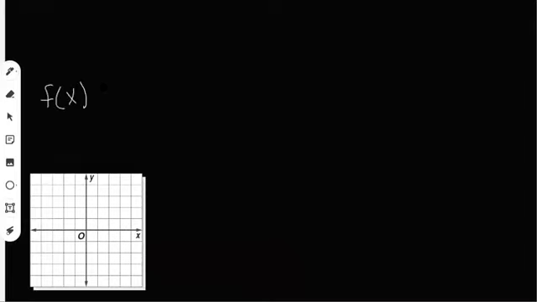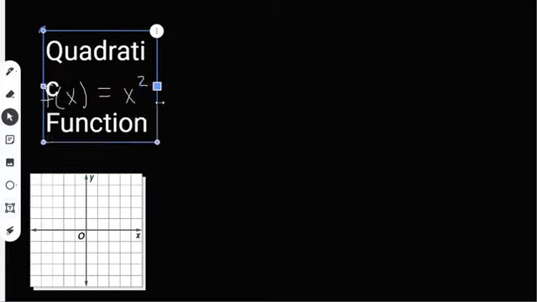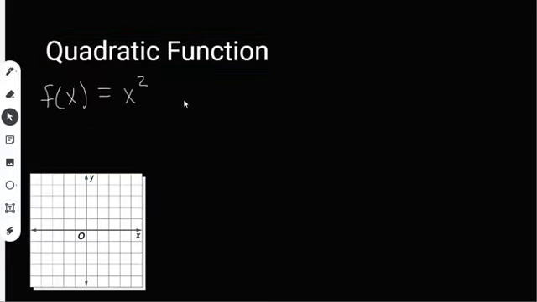F of x equals x squared. This is the third parent function that I want to talk about. Now, this is going to be called the quadratic function. You've probably seen that word before, but you didn't know what it means. Well, let me tell you.